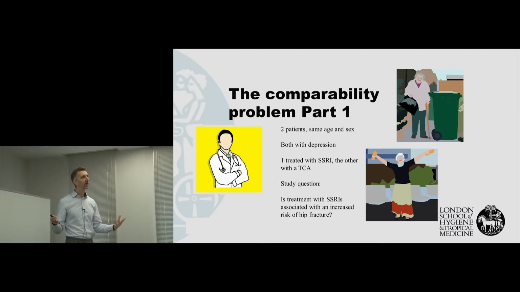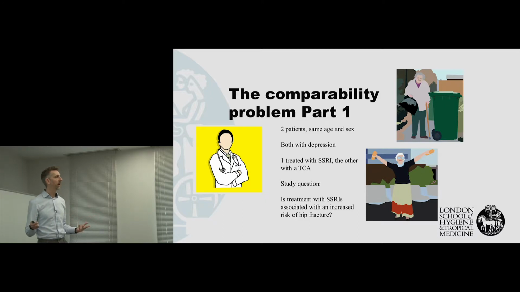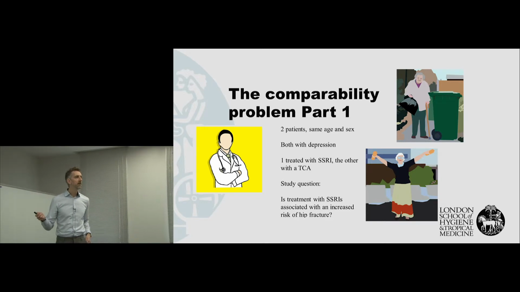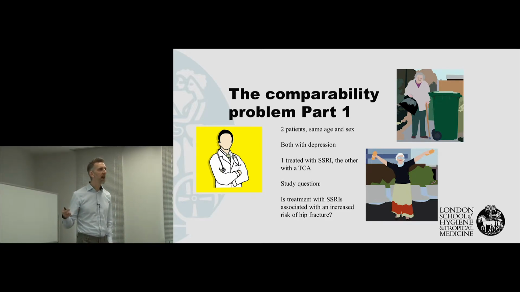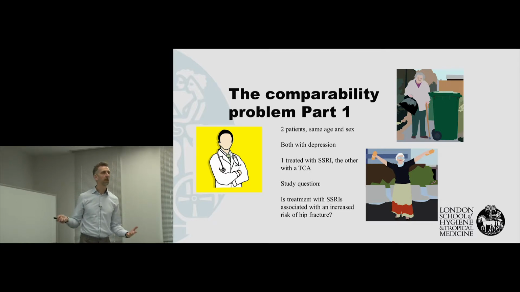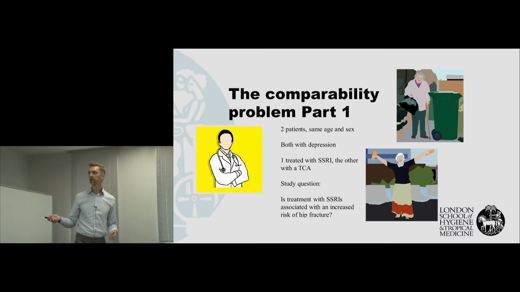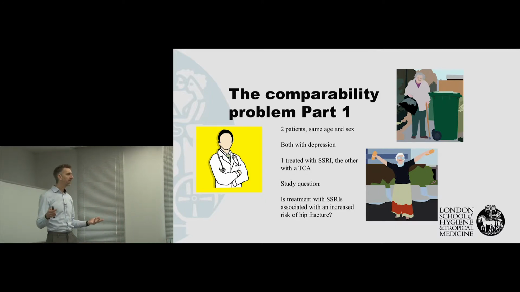The doctor has to decide which antidepressant to give to each patient. Now, you can probably see that these patients are not the same as each other. They're the same age and sex, but the lady at the top is more frail than the lady at the bottom, who looks considerably more healthy and fit. So they're the same age and sex, but otherwise they're quite different.